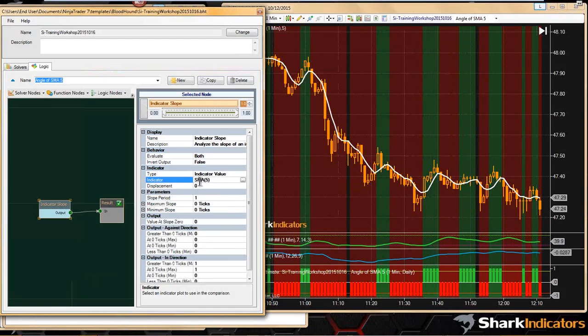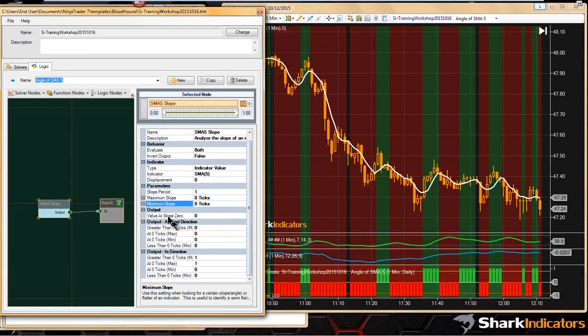Alright, so we got an SMA 5 loaded into the slope solver, and I'm going to change the name on this to the SMA 5. To look for specific angles or specific slopes, we have a maximum and a minimum slope here.